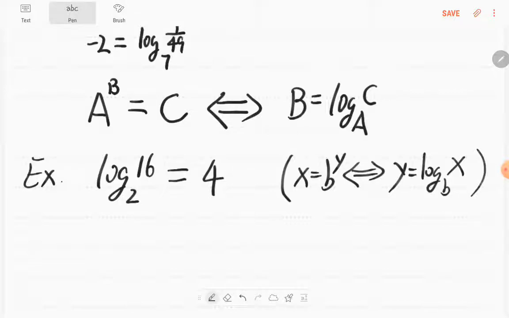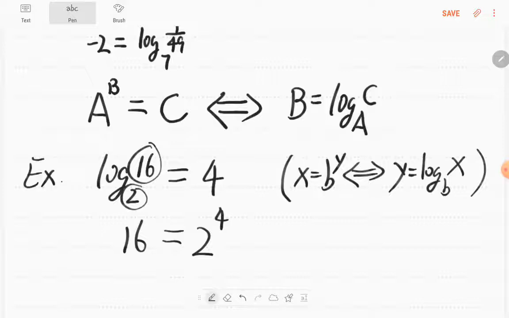Here x is 16, b is 2 and y is 4, right? So it's 16 equals 2 to the 4th. So 2 will always be the base, no matter if it's in the logarithmic form or in the exponential form, right?